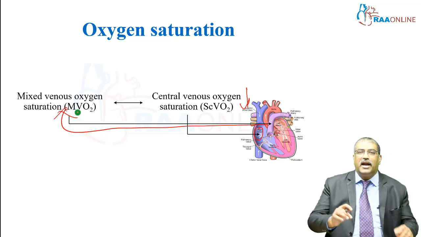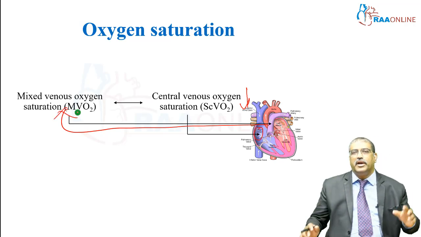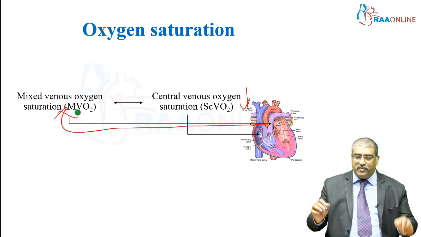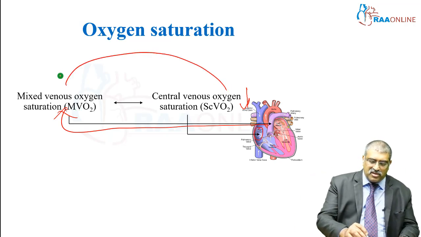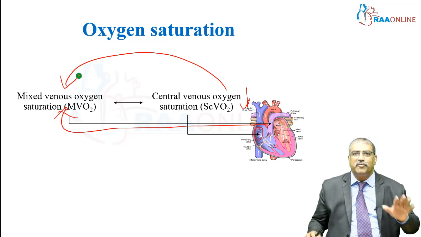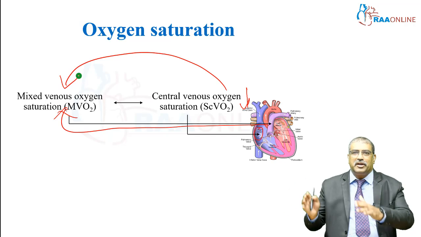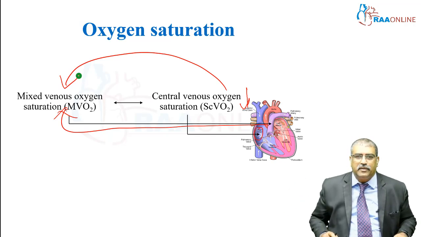This is the final endpoint of the venous system of the body. That will also be low, but in all scientific studies, central venous oxygen saturation is reflective of mixed venous oxygen saturation unless something happens in the right atrium or right ventricle.